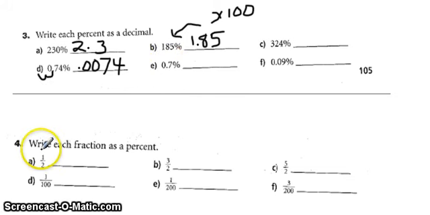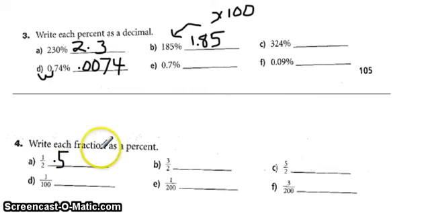A quick review right here, going from a fraction, this is from page 106 in your booklet, going from a fraction to a percent. All we have to do is first divide and get it to a decimal, and then multiply it by 100. For example, 1 divided by 2 here is going to equal 0.5.